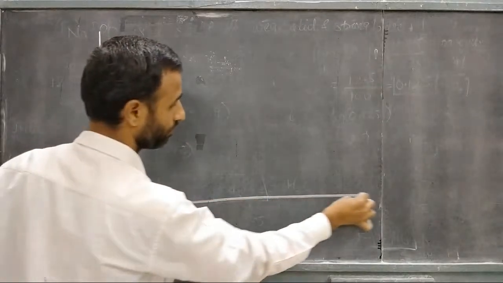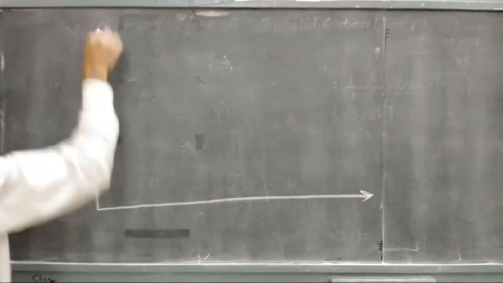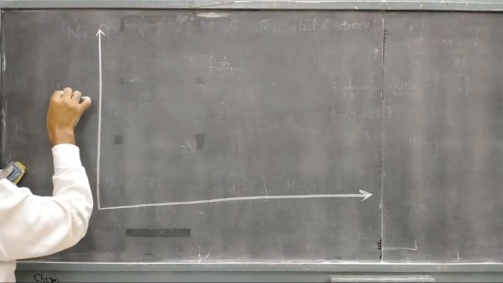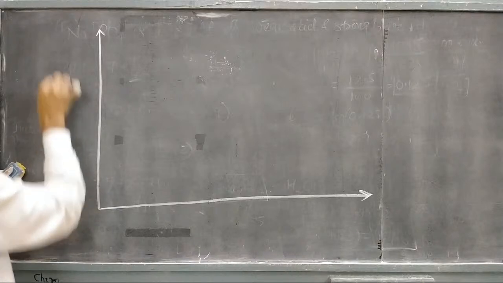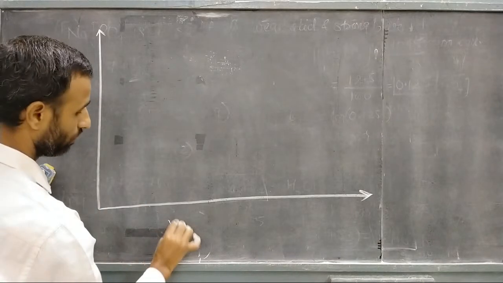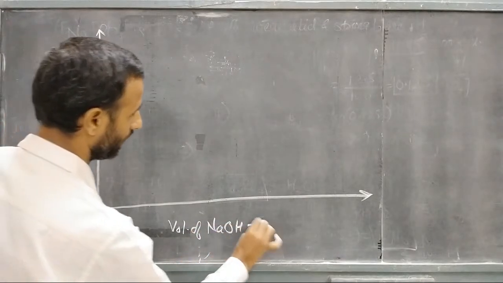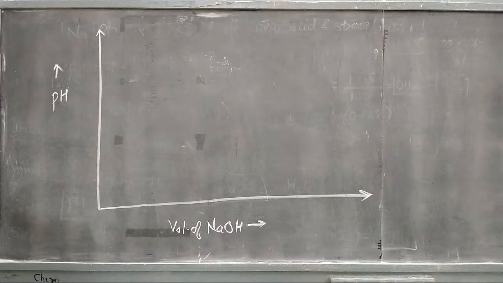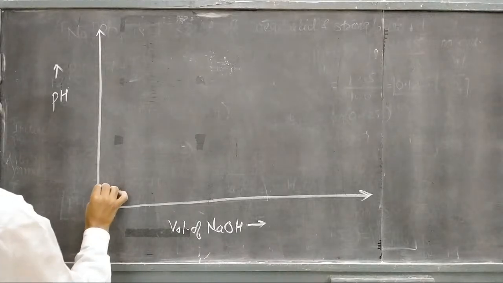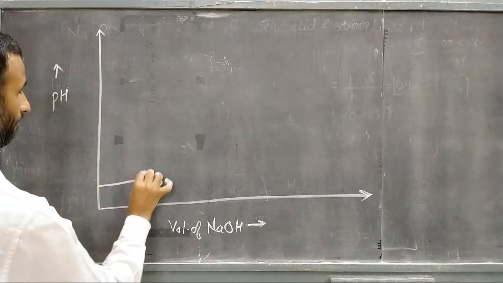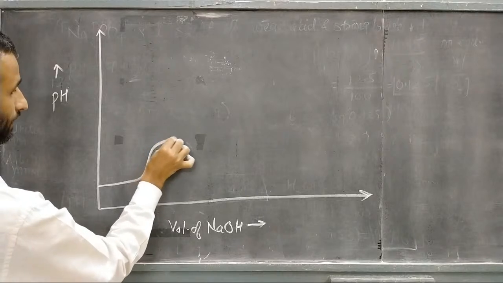Okay, the graph is pH against volume of sodium hydroxide. It is like this.